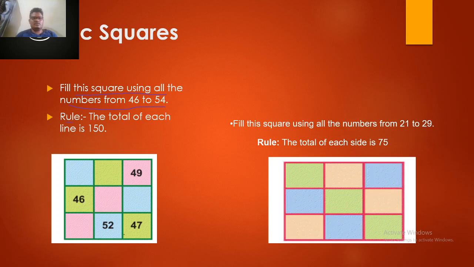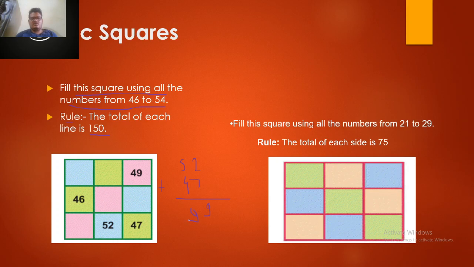Okay, 46, 47. So you can see we need a 150 addition. So you can see here 52 plus 47, 2 plus 7, 9, and 5 plus 4, 9.